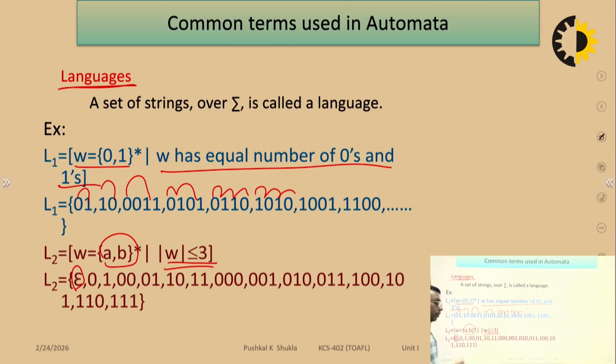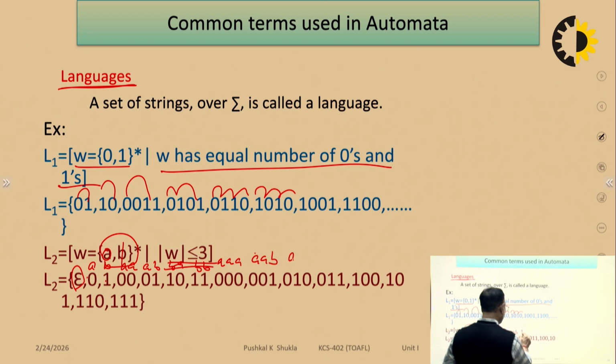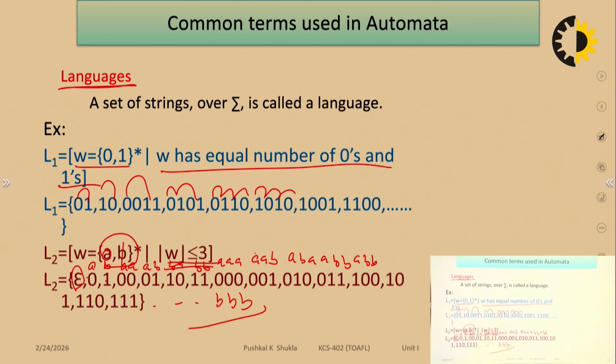Then strings of length 1, that is A and B. Then AA, AB, BA, BB, then AAA, AAB, ABA, ABB, and lastly BBB. So this type of strings are generated by language L2, where L2 equal to {W in {A, B}* such that mod W is less than or equal to 3}. So this is a language.